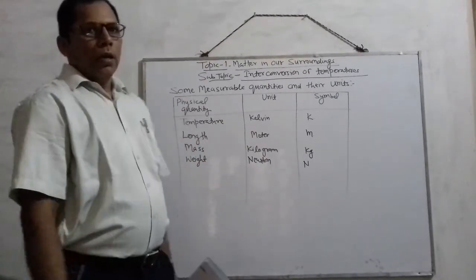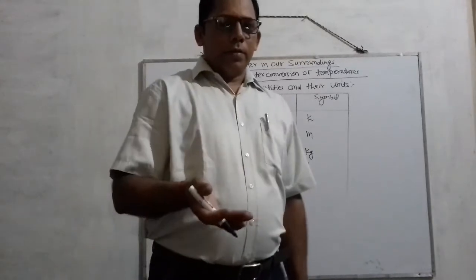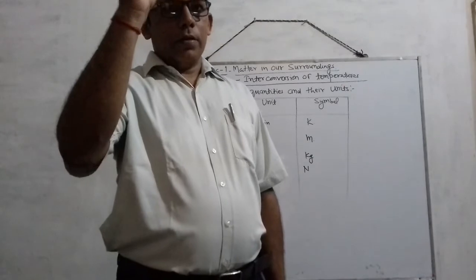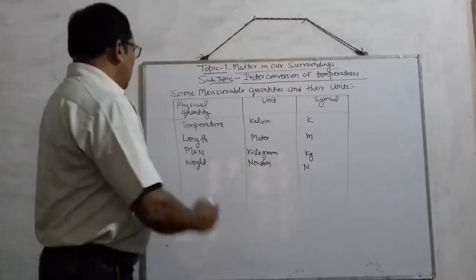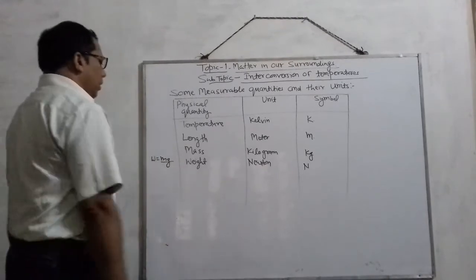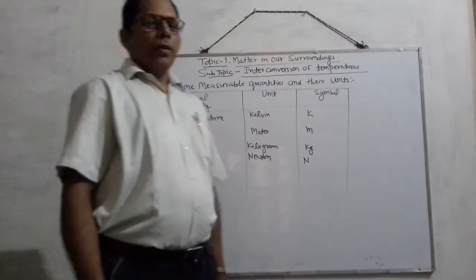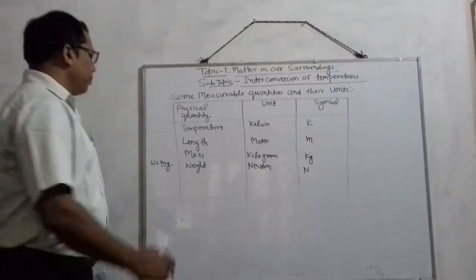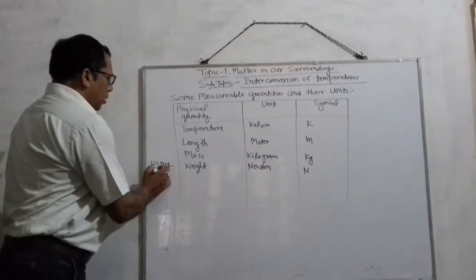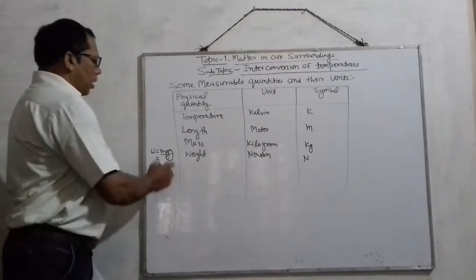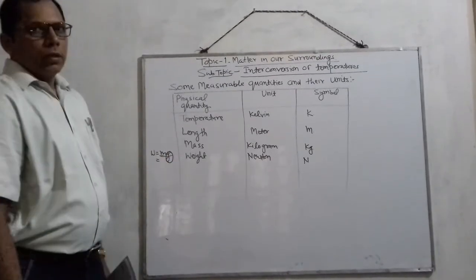Weight is not mass. Weight is a different thing, and weight is a kind of force. Mathematically, weight is represented by mg, where m is the mass of the substance and g is the acceleration due to gravity.